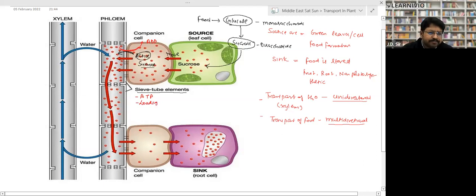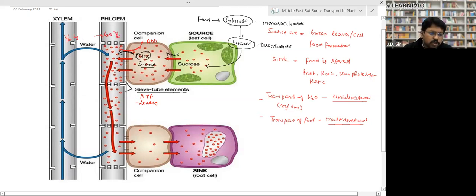Now what happened? The concentration gradient increases over here, so water potential decreases, right? Nearby xylem gives water to this sieve tube element by the water potential. So water moves from high water potential to here, where there is low water potential.